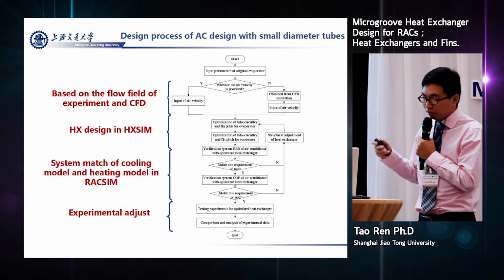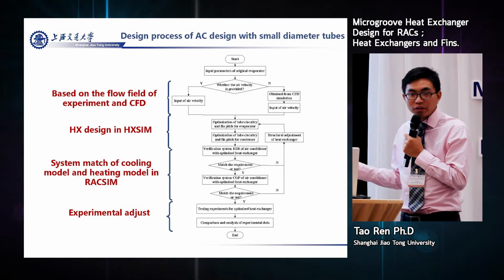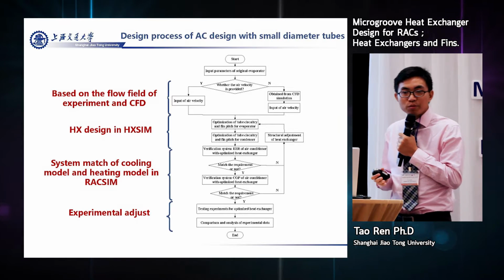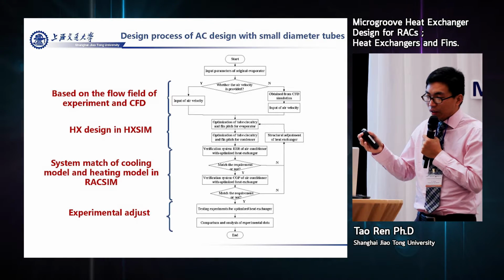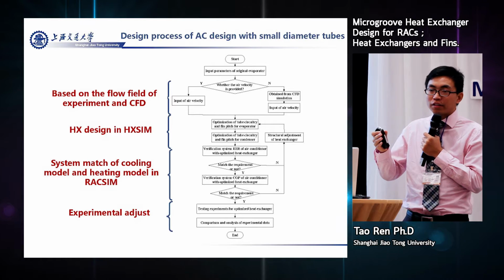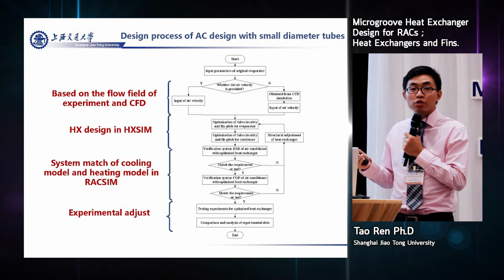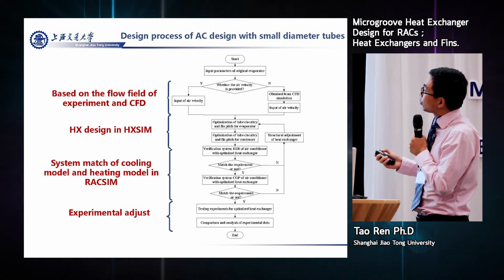Our software can input those velocities, because for some units, especially indoor units, the airflow profile has a very significant impact on our flow structure design. And then we do the heat exchanger design.